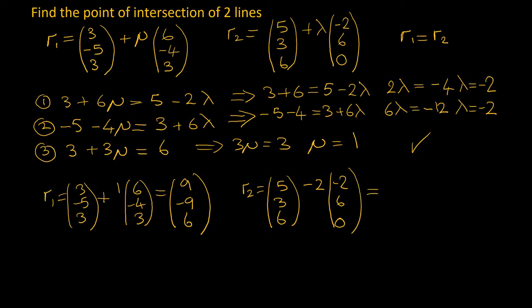So 5 minus 2 times minus 2 is plus 4, so that gives us 9. 3 minus 2 times 6, which is 12, so 3 minus 12, which gives us minus 9. And 6 minus nothing is 6, so you can see that it doesn't matter which way we do it, and this would be our point of intersection.